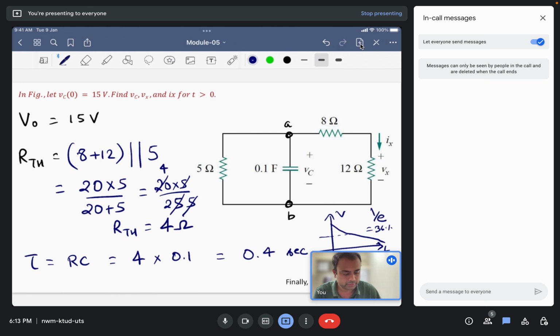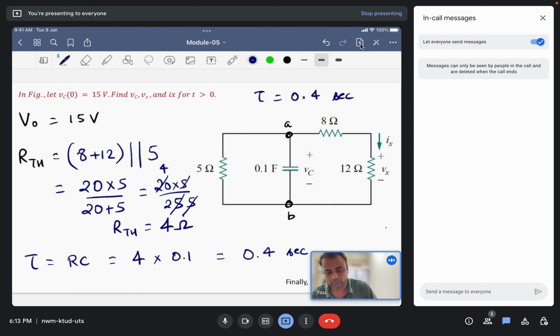This value along the x-axis is called tau, and the unit will be of time, that is seconds. So now we have already calculated the time constant tau. Tau is 0.4 seconds.